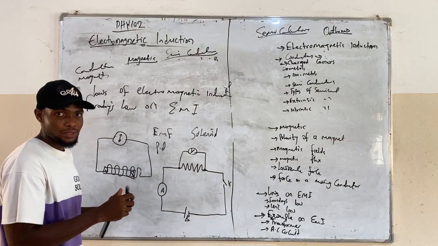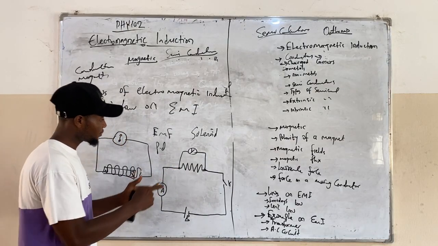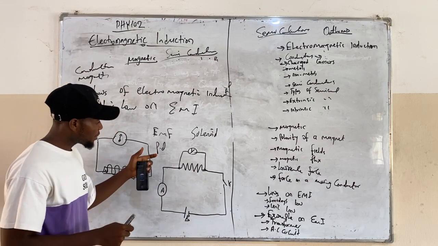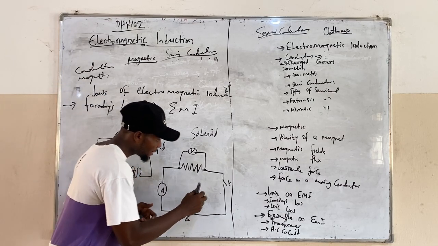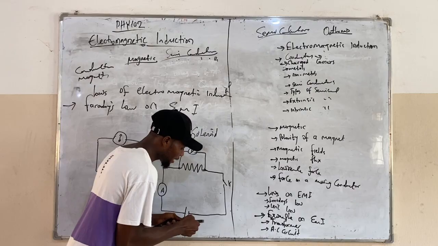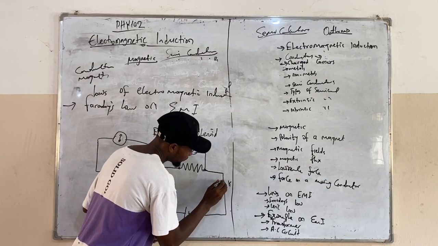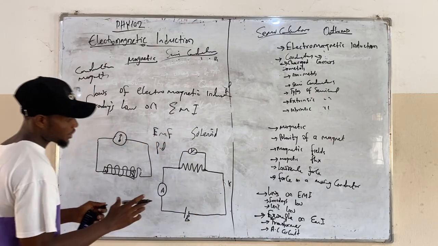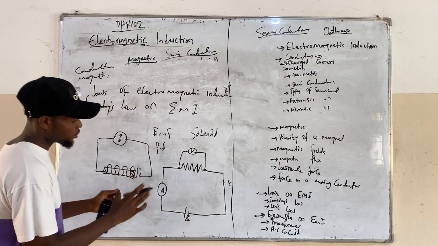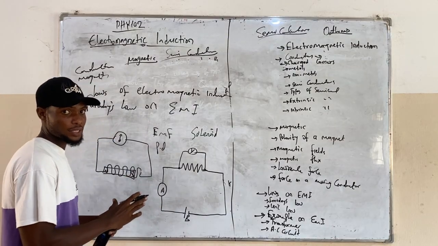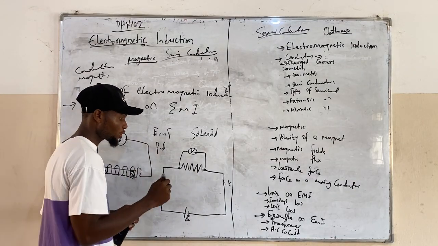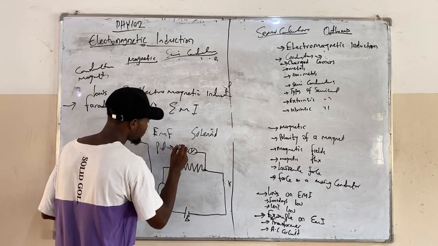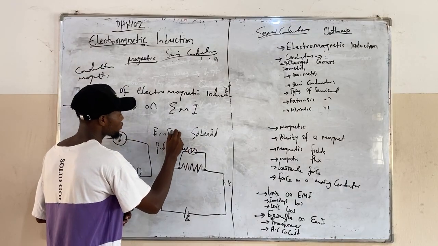There's no movement of current. But in the case of potential difference now, the key is actually closed. That's to say this one now is a complete circuit. There's a perfect flow of current now. So that's potential difference. Potential difference is used when the key is closed, while EMF is used when the key is open.